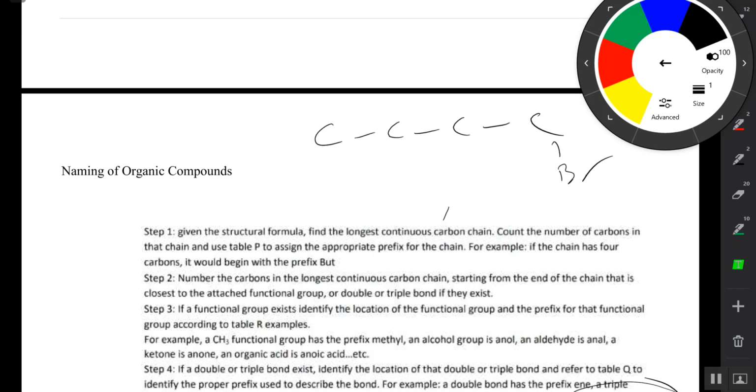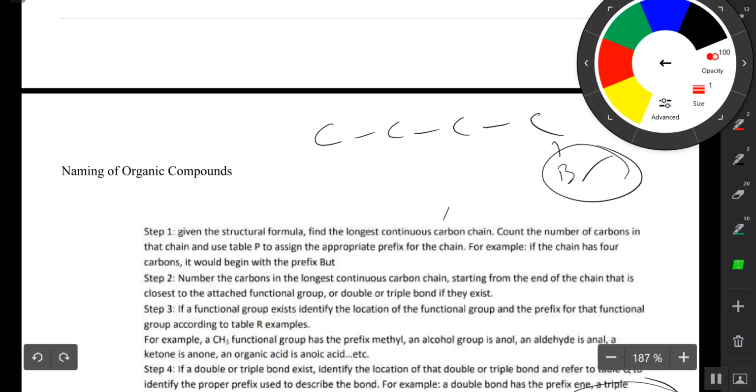Because we have a rule, and the rule says you always number the carbons in a chain starting from the end that's closest to the functional group or closest to the double bond or triple bond. So this is considered a functional group, an attachment to the chain, or something that does not usually come on a carbon chain. So we number the carbons starting from the end that's closest to the functional group.